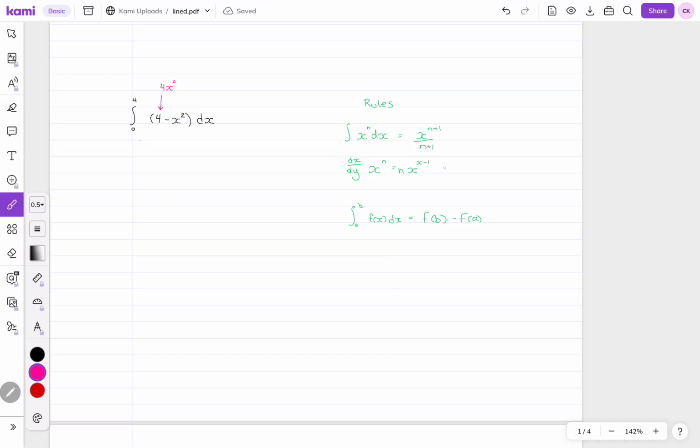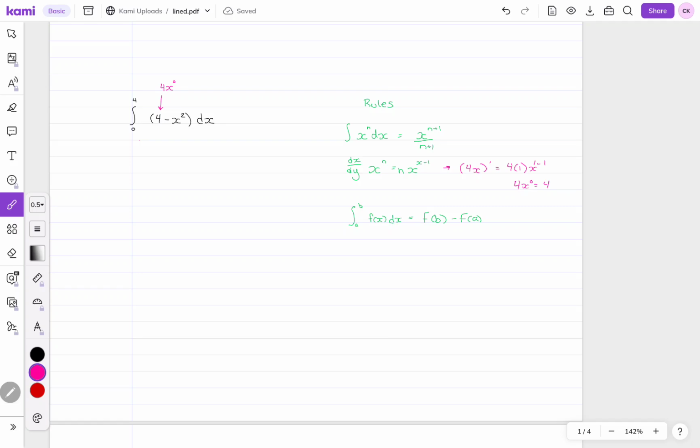If we think of our derivative rule, if I was to take the derivative of, say, 4 to the x, well, this would be 4 times x to the 1 minus 1, which is technically x to the 0, so 4. When we take the derivative of a coefficient with just a single variable, that variable disappears.